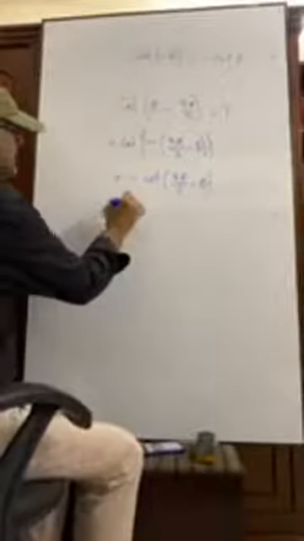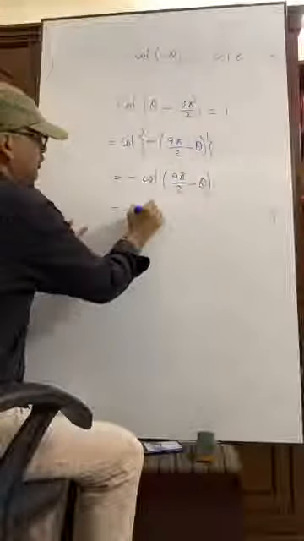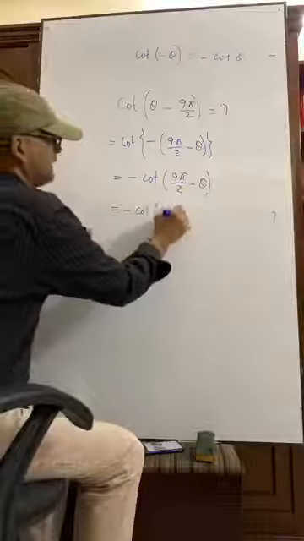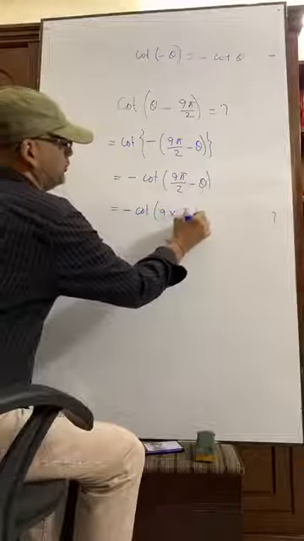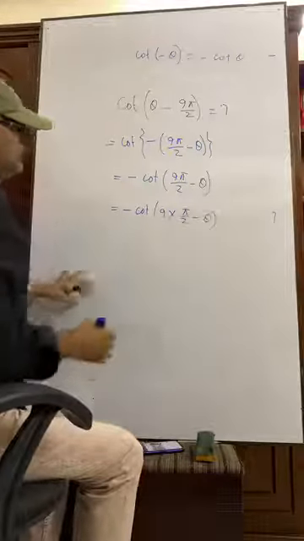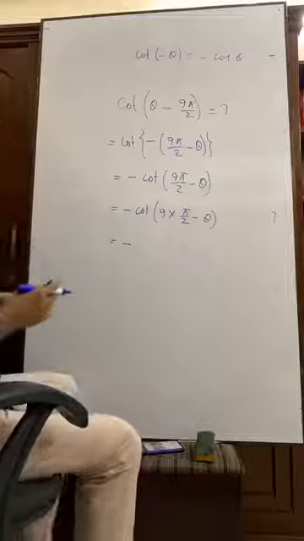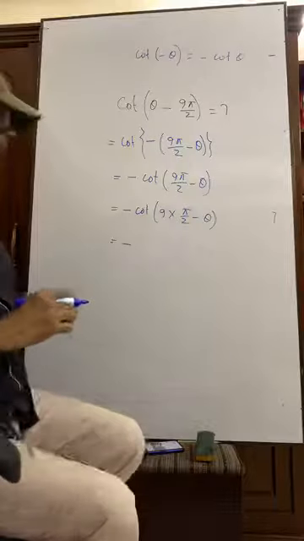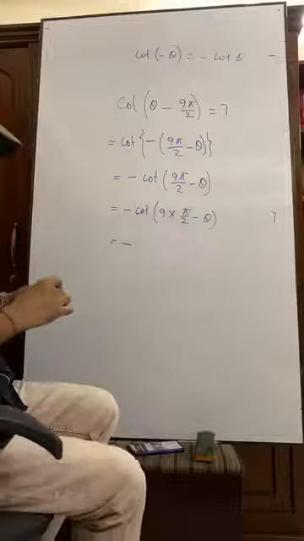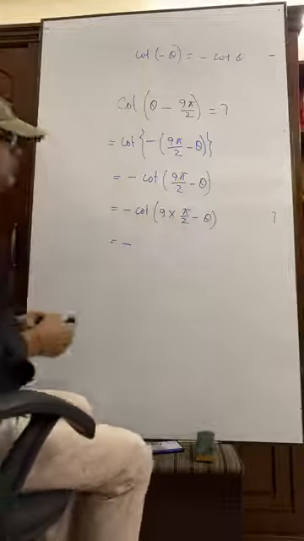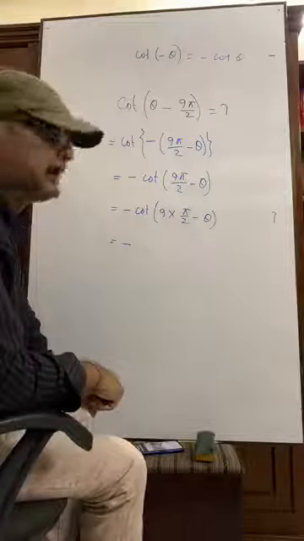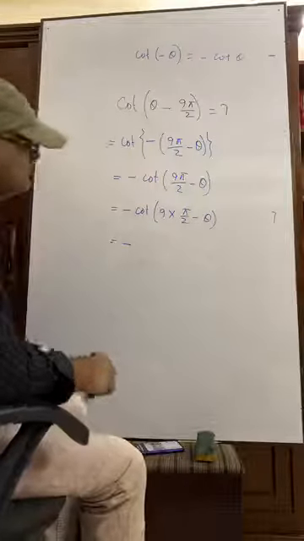Now it means cot of 9 into pi by 2 minus theta. For minus, it will be kept as it is. Then we have to determine in which quadrant the angle lies.